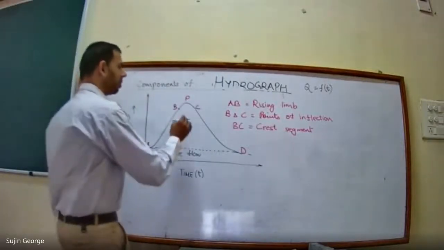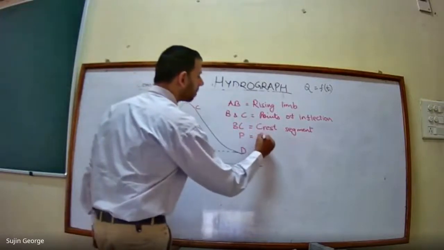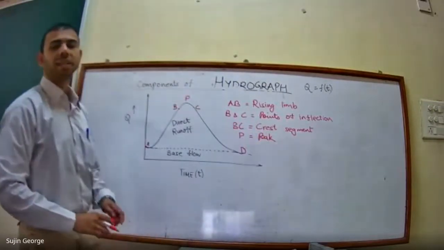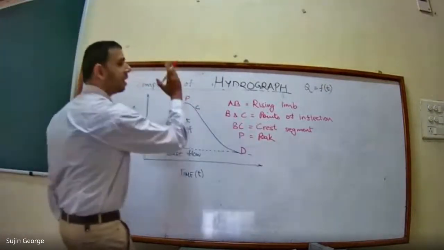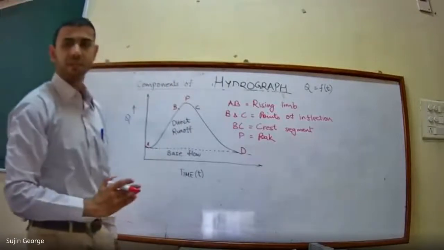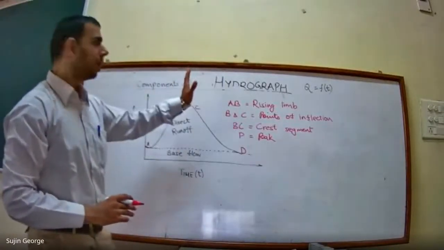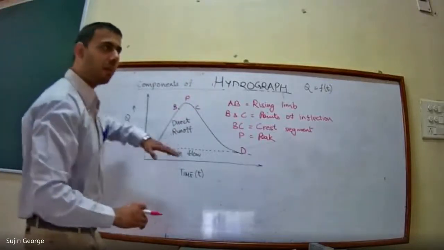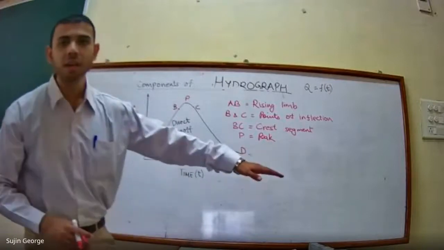Point P is called the peak, or you can say this is the maximum level attained by the hydrograph. I have drawn a catchment. In that catchment, after precipitation, the water will still flow on the land.